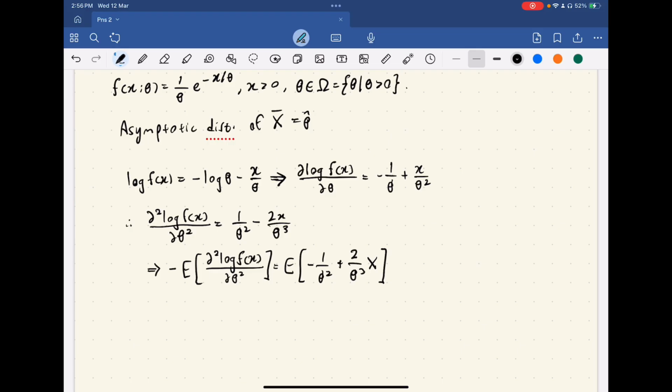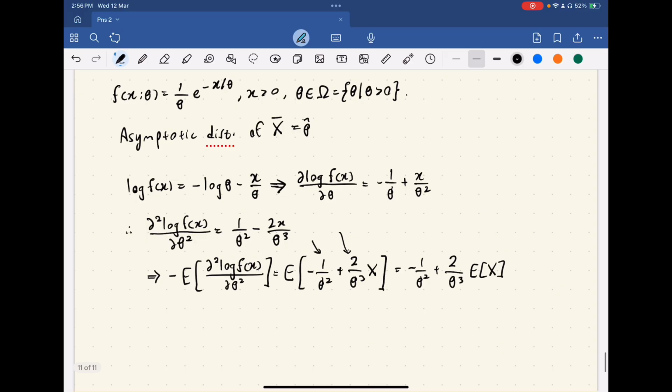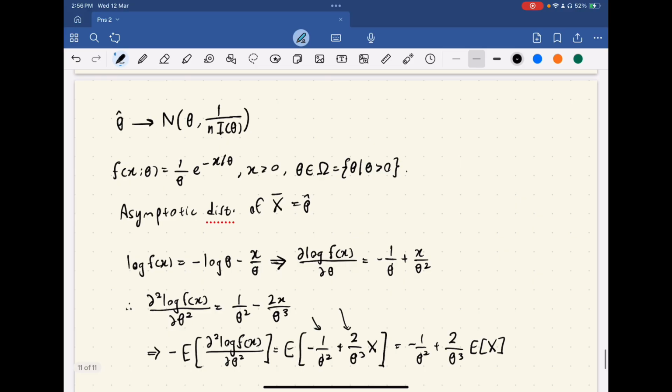Okay. So now we see that this is constant and this is also constant. So we can just bring these out, and then we will have negative 1 over theta squared plus 2 over theta cubed times the expectation of x. Okay. So what is the expectation of x? If you recall, if x has a PDF of this, then the expectation of x is theta itself, right?